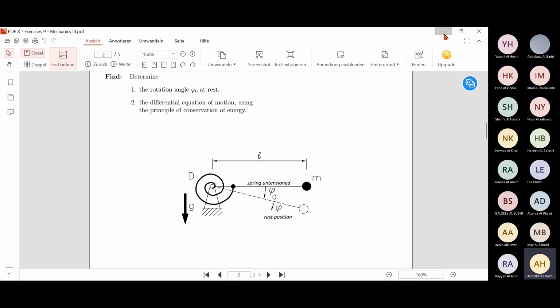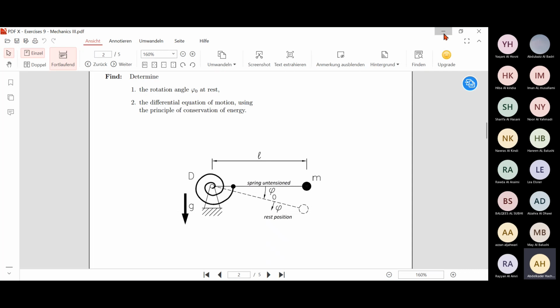Now, if we make the equilibrium, instead of using the sum of the forces, we use the sum of the moments about the point O, and this will be equal to 0. As it's asked for at rest, it means there is no dynamic motion.